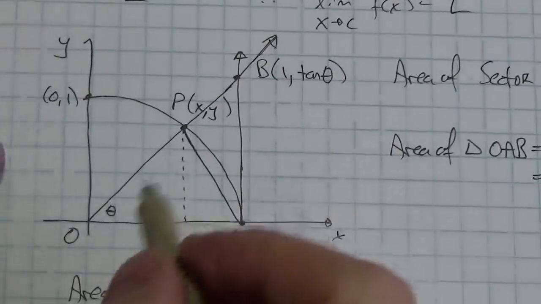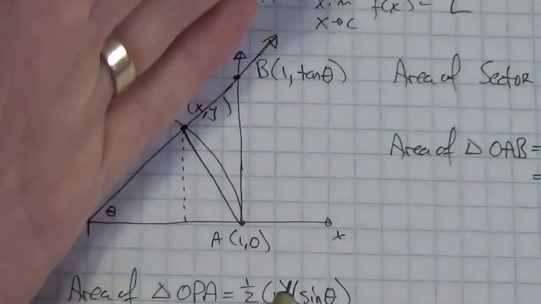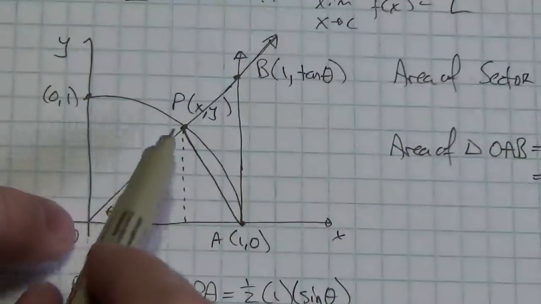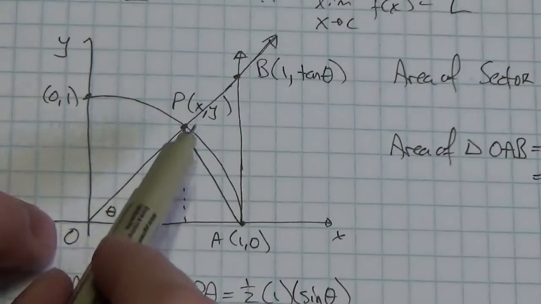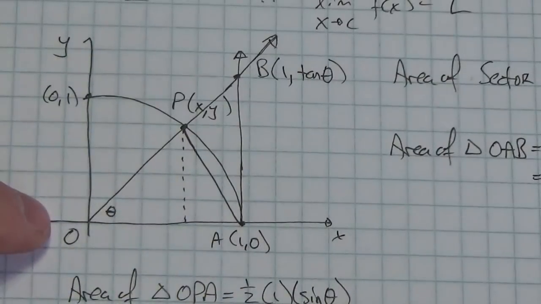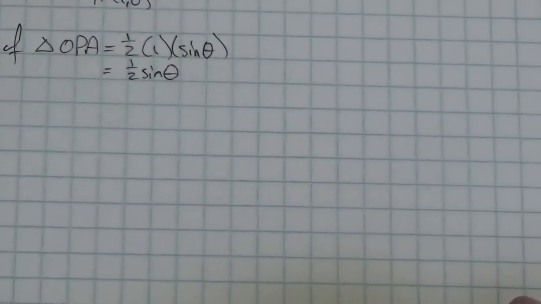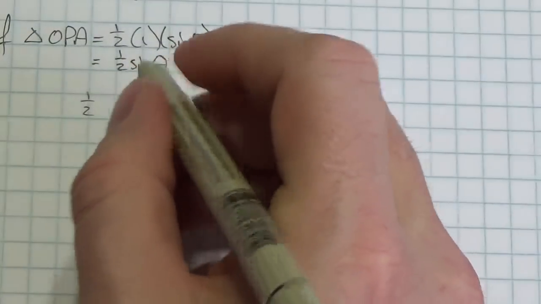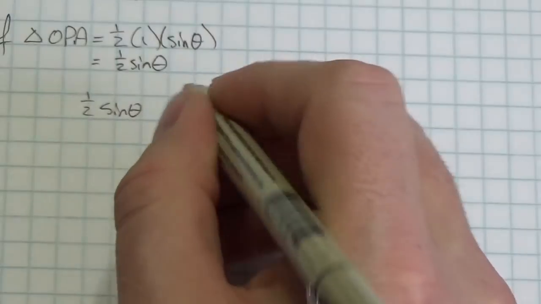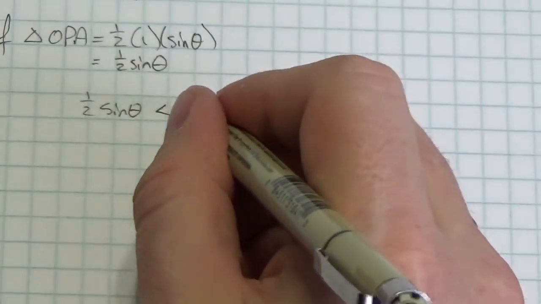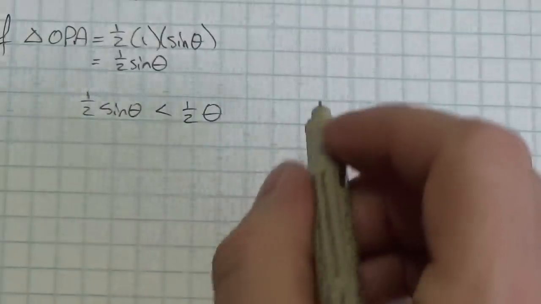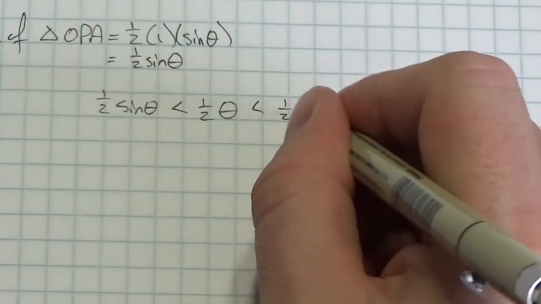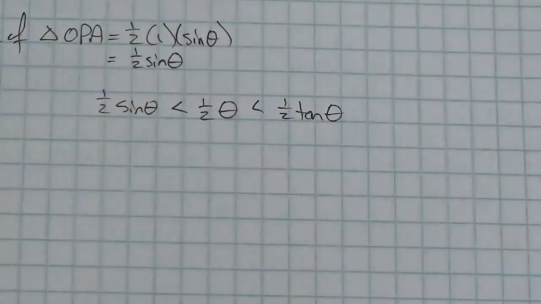And that triangle, for all these kinds of angles that I can draw here, will be bigger than the sector, which is bigger than that smaller triangle right here. So now let's write that out. This is what I've got: 1/2 sine of theta is going to be less than 1/2 theta, the sector, which is going to be less than 1/2 the tangent of theta.